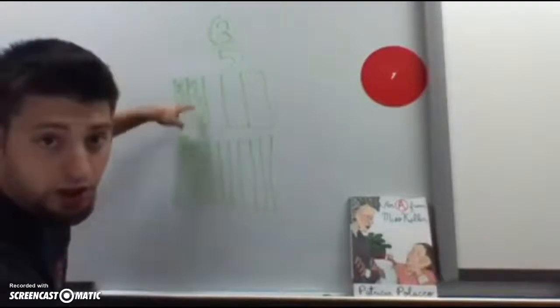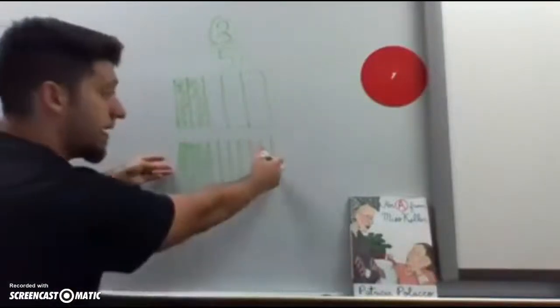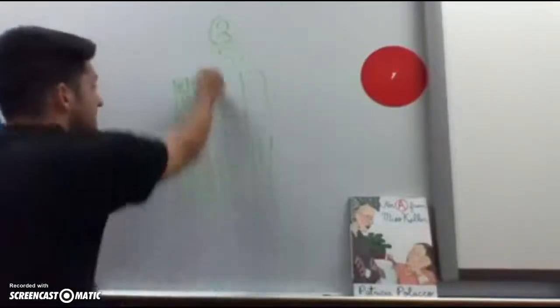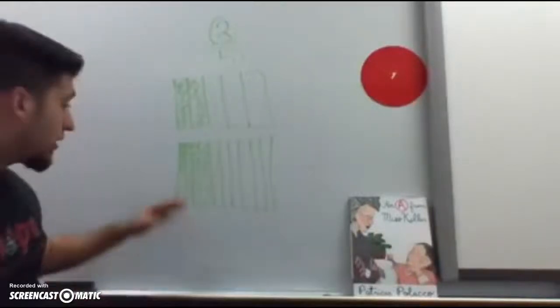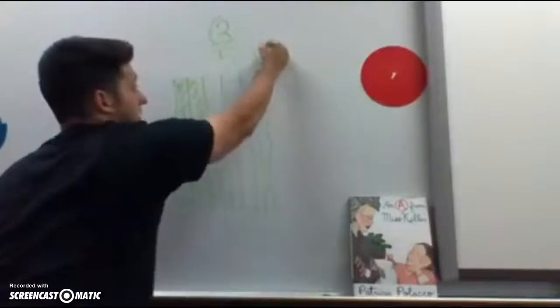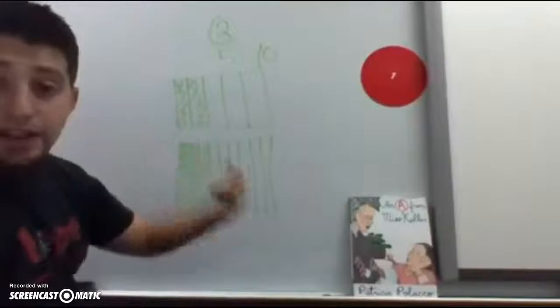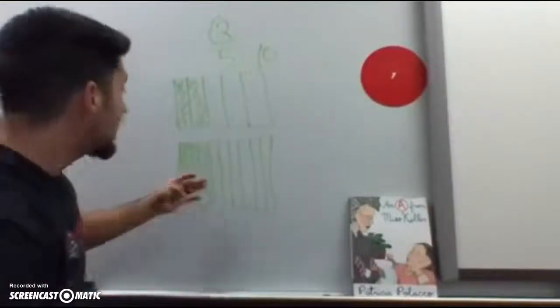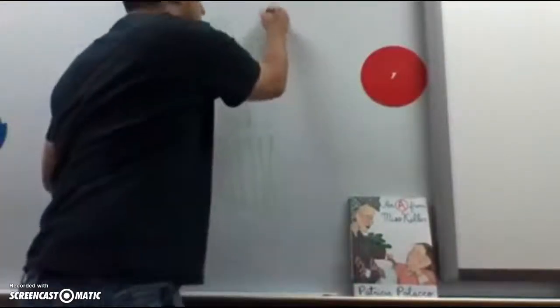Now, I know I'm not the best artist in the world, but even on this camera you can see that these are pretty close to the same thing in comparison to size. So this is equivalent. My denominator is how many total I have, which is 10. And my numerator is how many of that 10 that I have. I've got 1, 2, 3, 4 boxes shaded, so I've got 4 tenths.